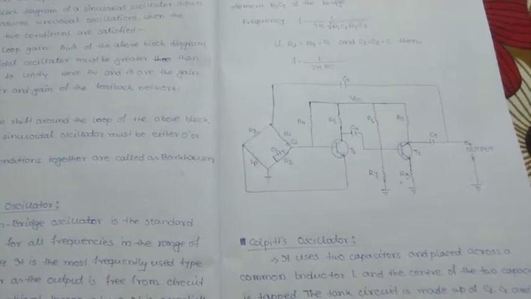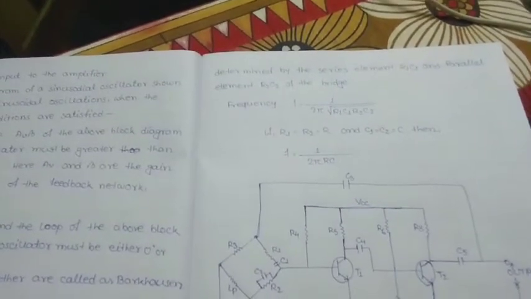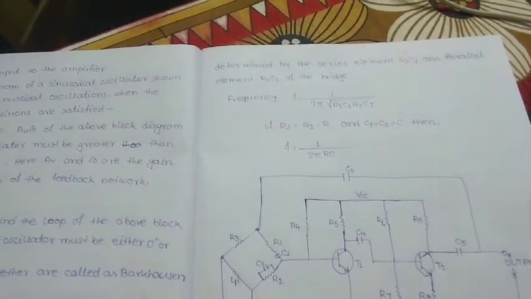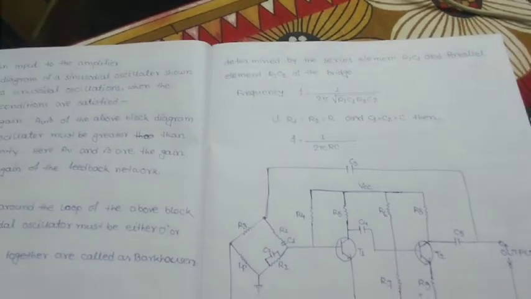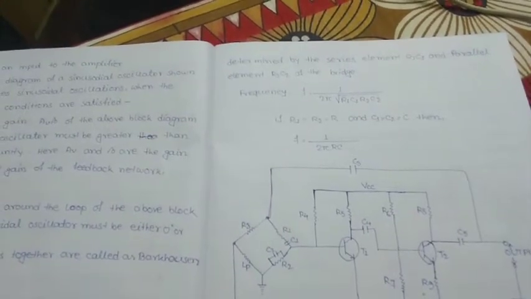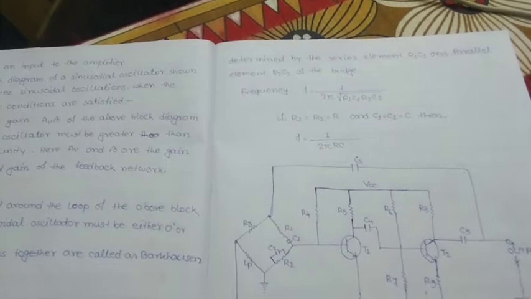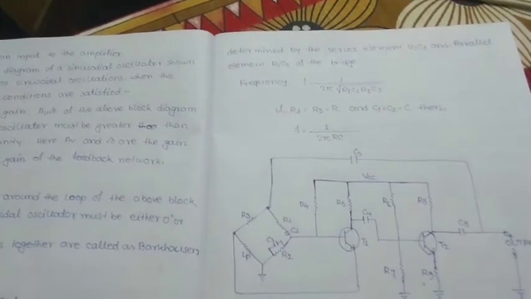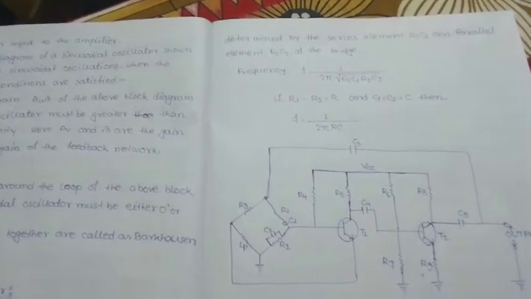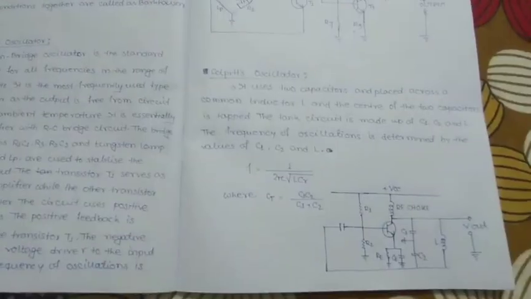Hence, now we can write frequency f equal to 1 by 2 pi root over R1 C1 R2 C2. If R1 equal to R2 equal to R and C1 equal to C2 equal to C, then we can write f equal to 1 by 2 pi RC.